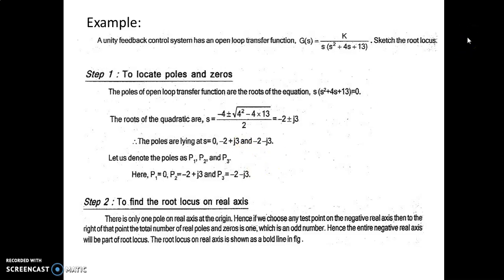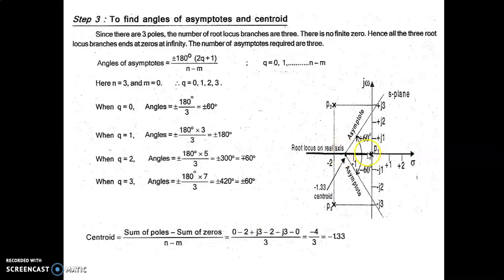And the second step is to find the root locus on the real axis, whether the root locus is on the real axis or not. Here we have only one real axis pole. The remaining two poles are a complex conjugate pair. So here we take the negative real axis.